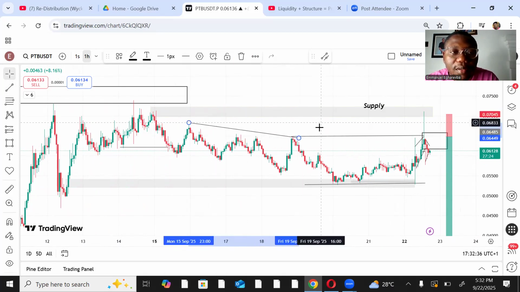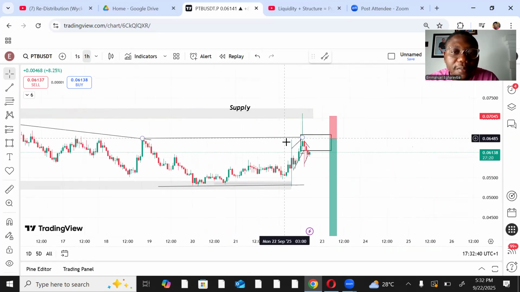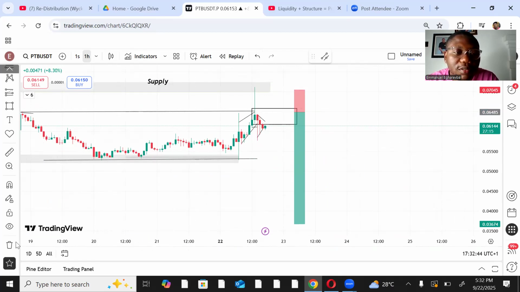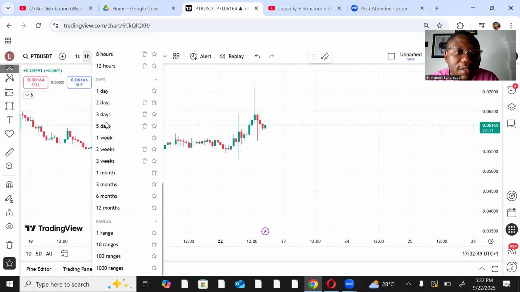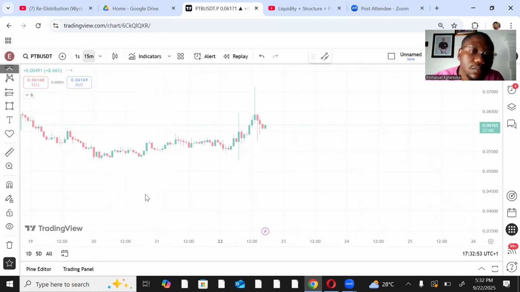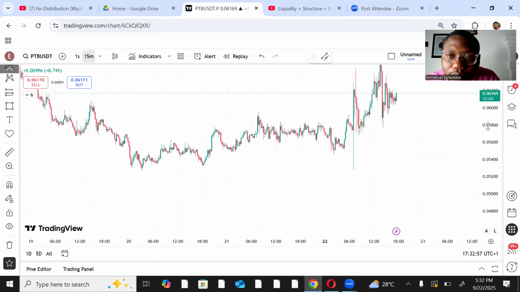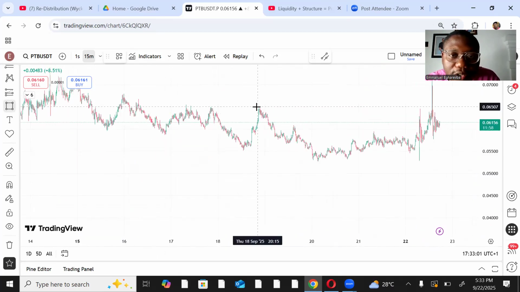right? Then I implemented my Wyckoff schematic from here. Implemented, let me just knock out everything so the chart looks cleaner. Implemented my Wyckoff schematic somewhere around here. This was my range.